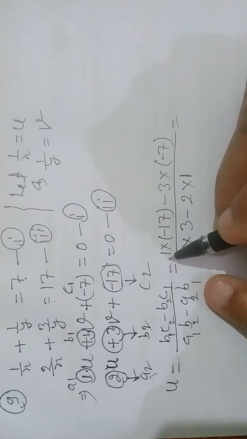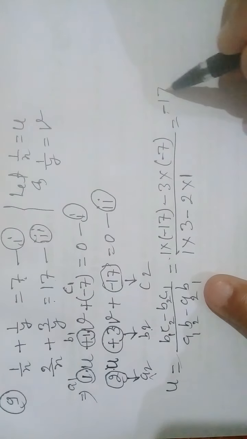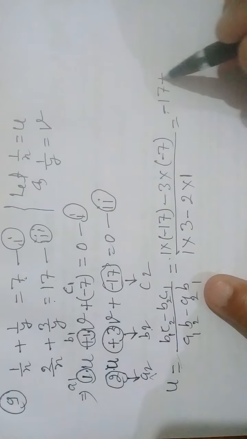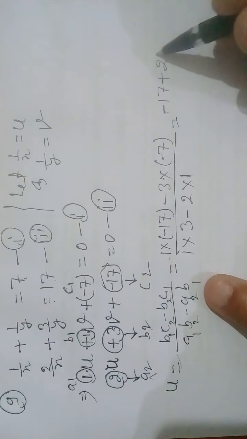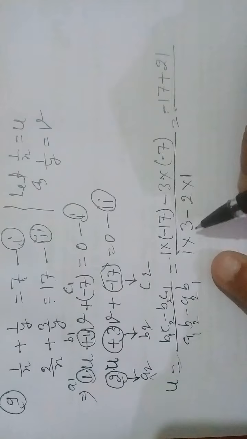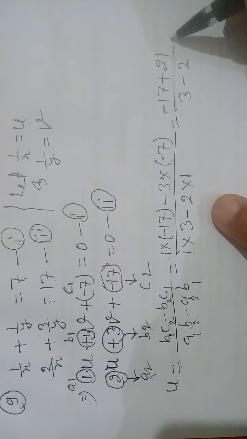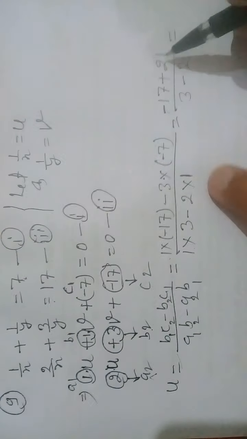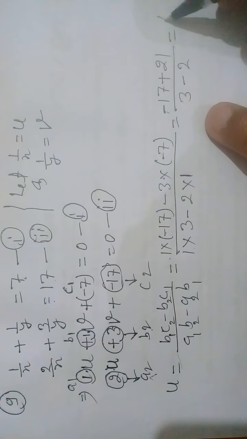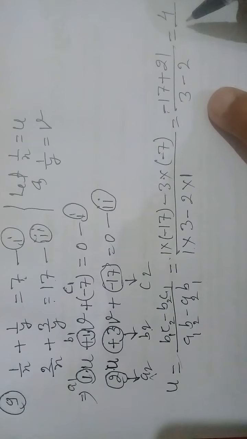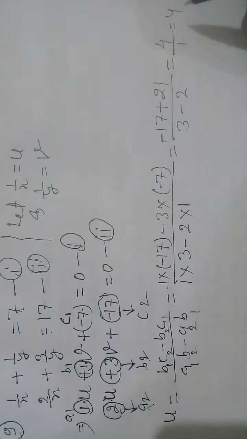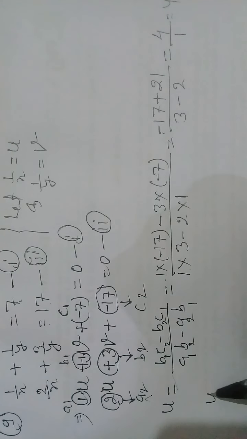Now minus 17 plus 21 by 3 minus 2 is equal to 4 by 1, it means 4. u is equal to 4.